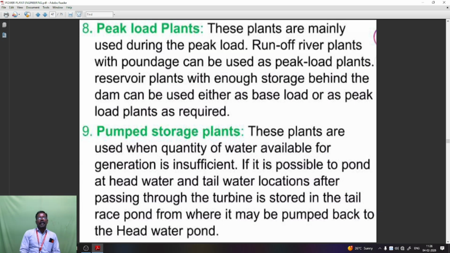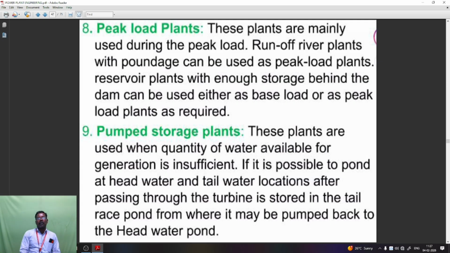Peak load plants. These plants are mainly used during peak load. Runoff river plants with poundage can be used as peak load plants. Reservoir plants with enough storage behind the dam can be used either as base load or as peak load plants as required. Pumped storage plants.